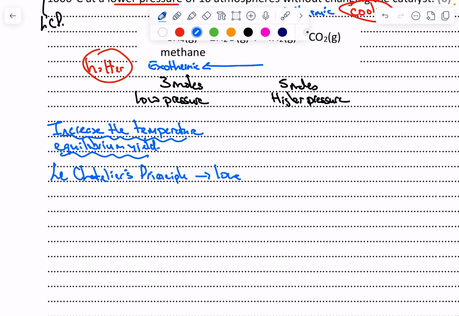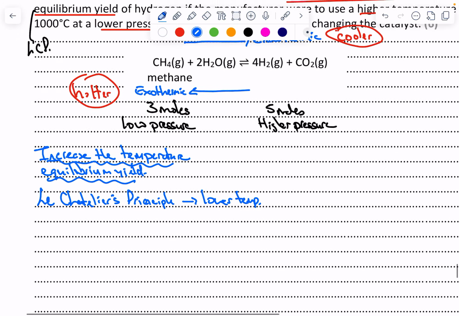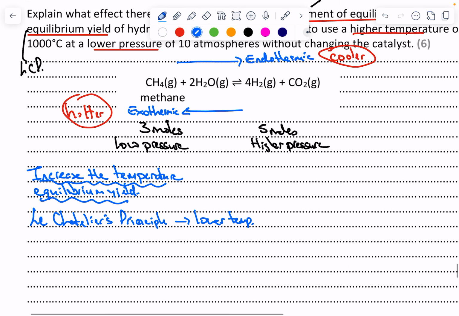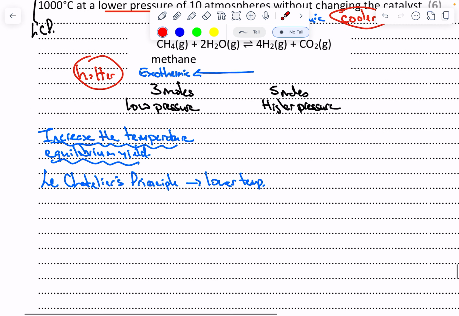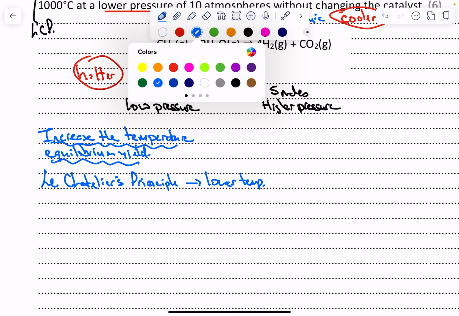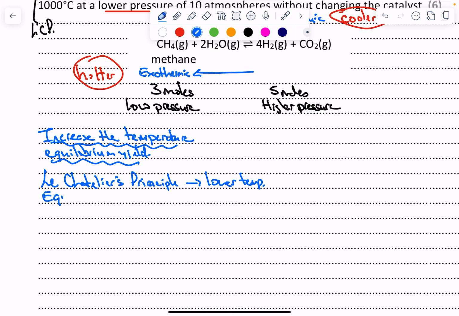To lower the temperature, the equilibrium is going to move to the right because that is cooler, because this reaction is endothermic. So we can say that the equilibrium will move to the right.